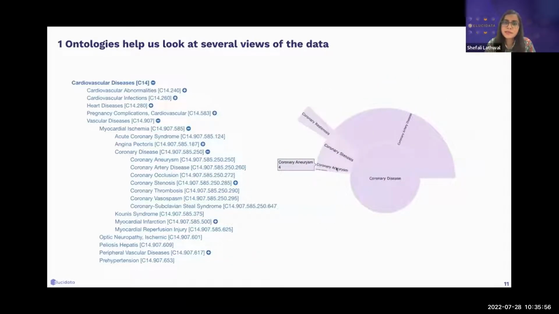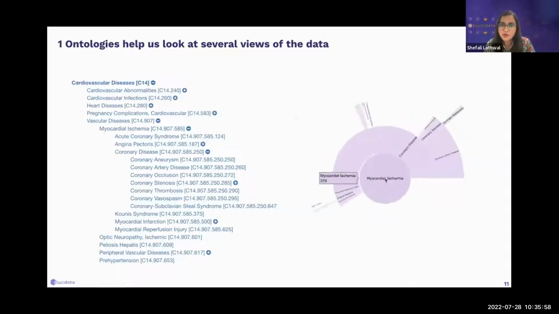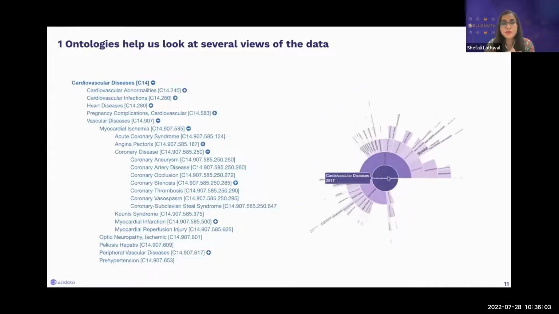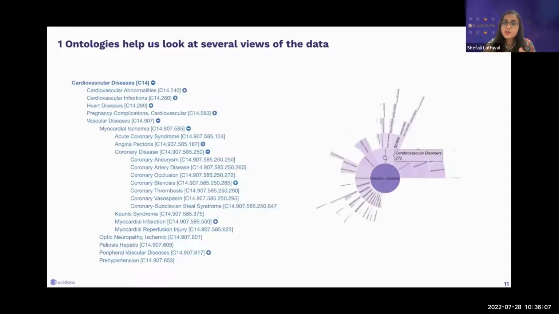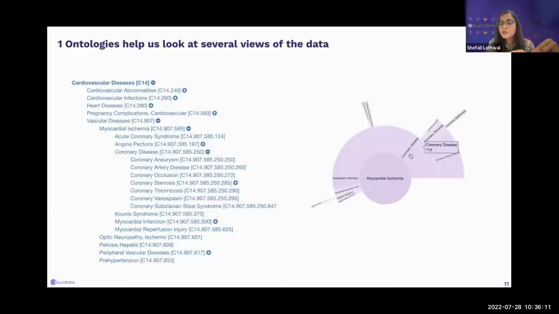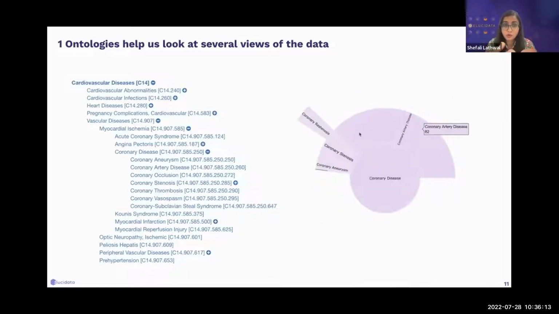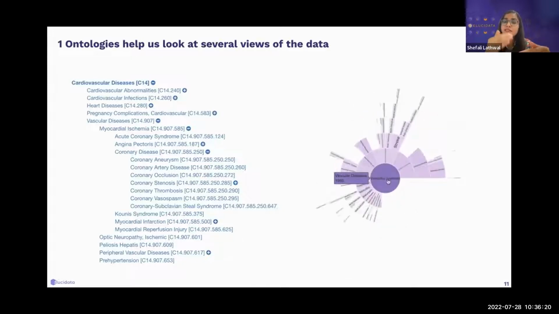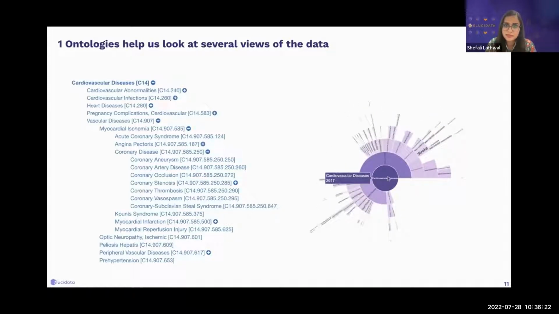For example, here I'm showing a snippet of the disease ontology that we use and the broad disease term cardiovascular diseases. As you can see here, the ontology contains these predefined relationships that not only capture this broad disease, cardiovascular diseases, but also more specific subtypes of cardiovascular diseases.